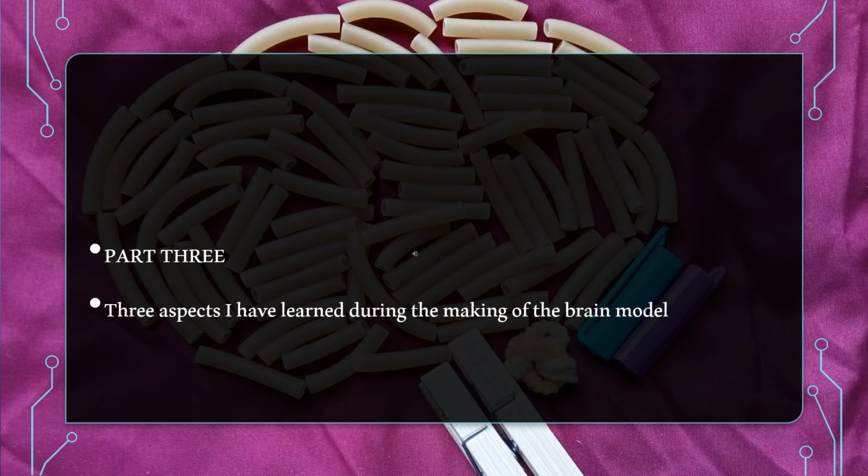Turns out that the process of making a brain was as complex as the organ itself. The second thing I learned was that the brain is responsible for a lot of things, that without it functioning well in human beings, then a lot of things would go wrong. Another thing I learned was that the brain has 2 hemispheres that contain the same lobes, but they still differ in other ways.